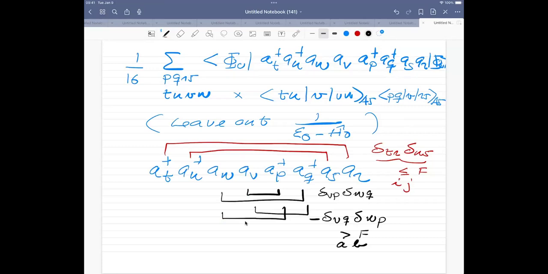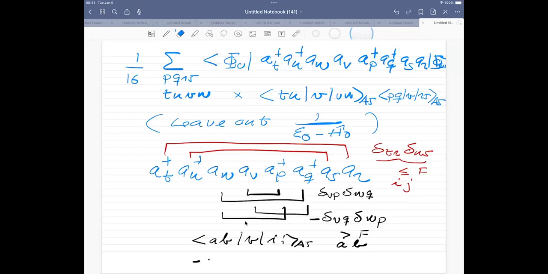So what we will get, if we look more carefully at this, is a term which is AB V IJ anti-symmetrized, and then I have a minus AB of V of JI. No, sorry, not this one.